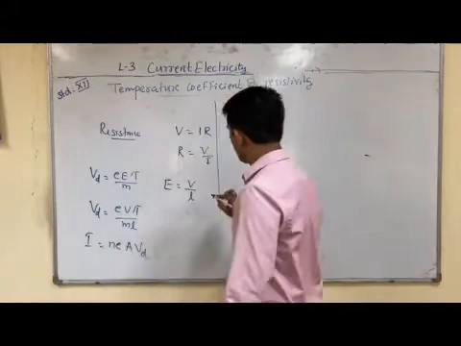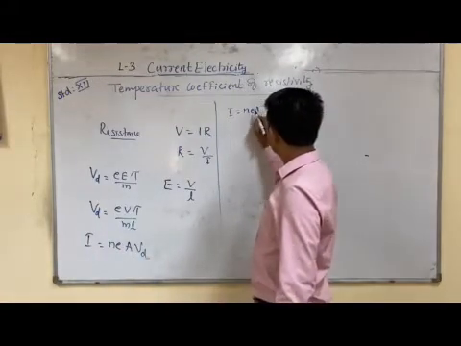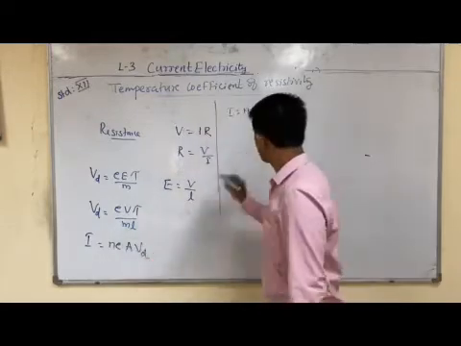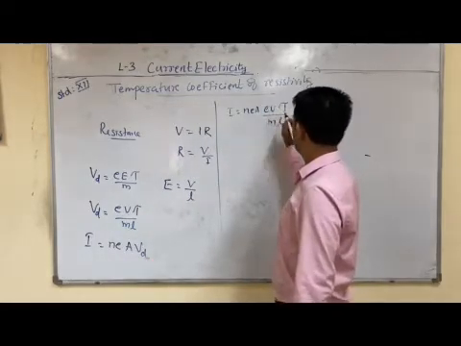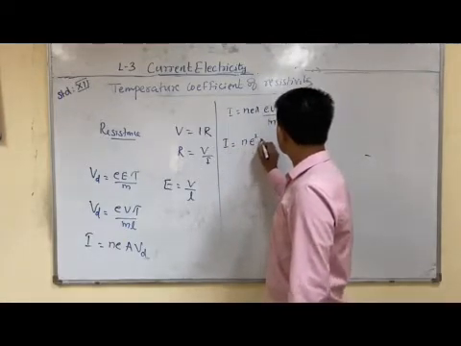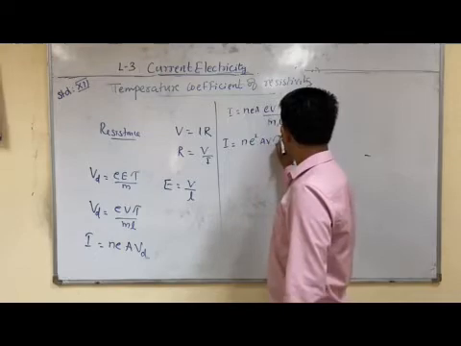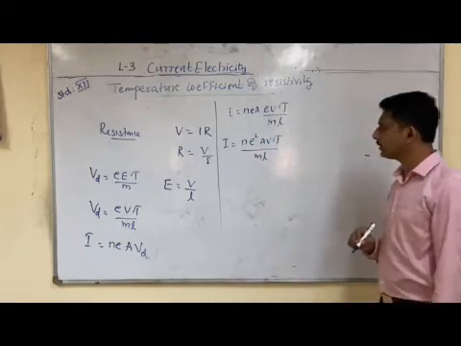That means I is equal to n e A, and Vd we substitute as e V tau by m L. So our equation becomes I is equal to n e square A V tau by m L. This way we can modify our equation.